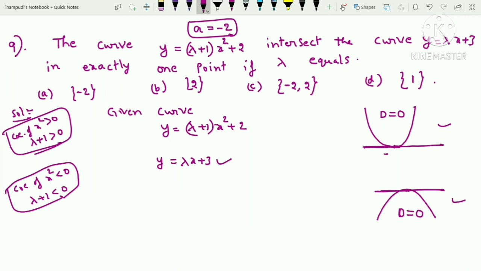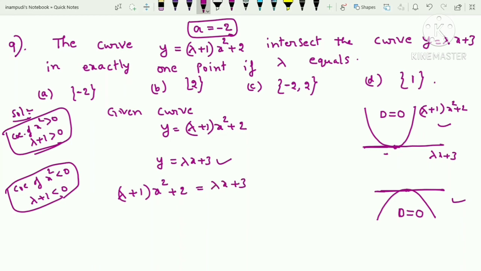This is y equals lambda x plus 3. This is y equals lambda plus 1 into x square plus 2. Both intersect at only one point. The intersecting point, what is the only solution? We intersect at only one point, so y is equal to y: lambda plus 1 into x square plus 2 is equal to lambda x plus 3.